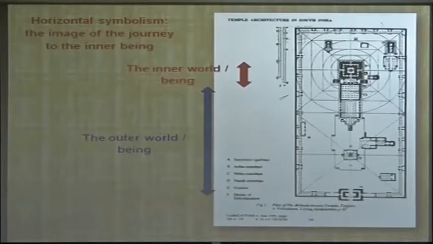So what you are doing basically when you visit a temple, this is very clear in such a temple. Incidentally, this is one of the very, very few temples in South India which was built at one go according to a defined plan.